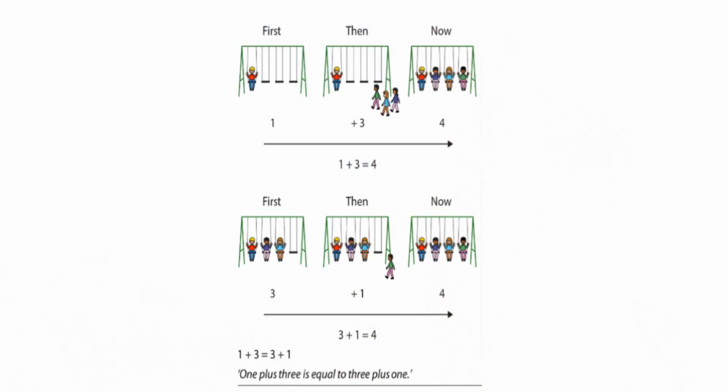The way the story tasks are created is, for example, one child is sitting on their own on the swing. First, that child was sitting alone on the swing. Then something else happened and another 3 children joined in. Now we have 4 children on the swings.